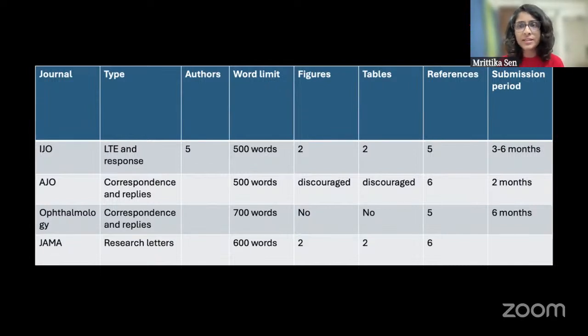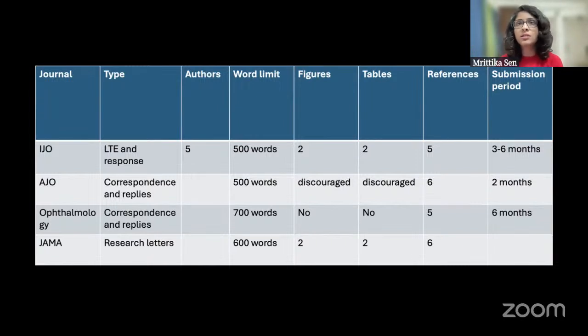IGO specifies that the maximum number of authors should be 5. Others usually don't specify, but it should be limited, and you can acknowledge additional authors in the acknowledgement statement. As you can see, brevity is very important because these have a word limit. These are short correspondence, so usually within 500 to 700 words.